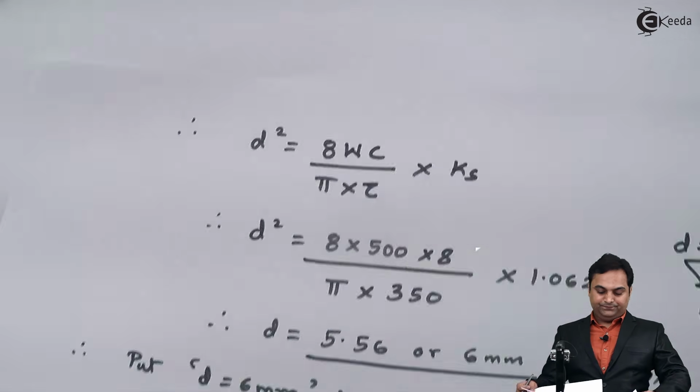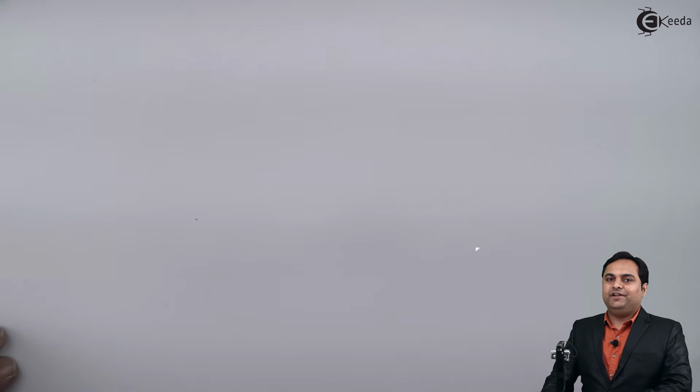Next, after this, I'll use the formula of deflection to get the number of turns in a spring.